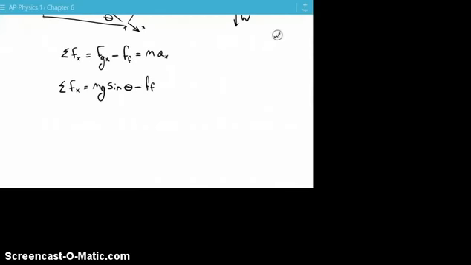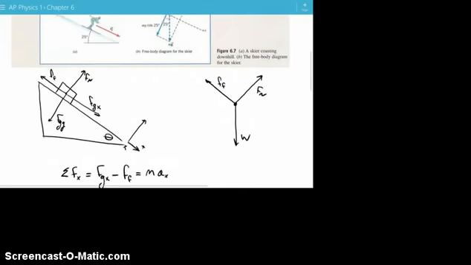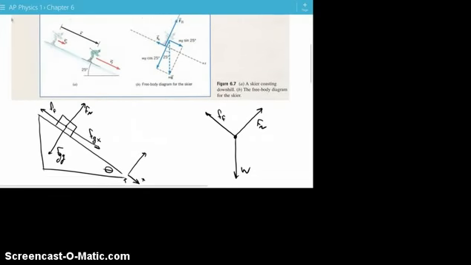So we can take that and say that the work done is going to be equal to the change in kinetic energy. The work is going to be mass, gravity, sine theta minus the frictional force times our displacement s. In this case, what's the angle between the displacement and our net external force?